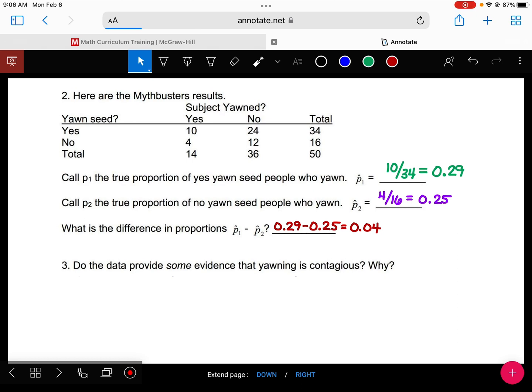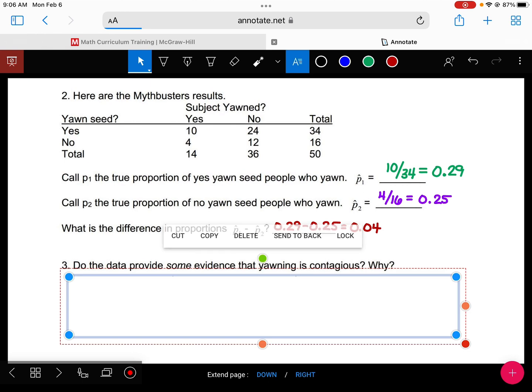Does the data provide some evidence that yawning is contagious? Yeah. Why? Both of them are over 5%. True. But what evidence do we have that yawning is contagious? There is some here. The proportions.